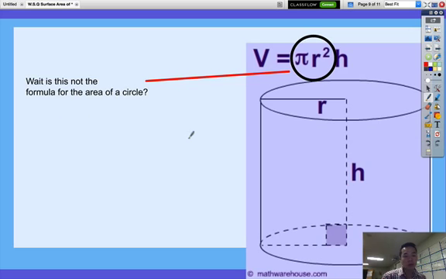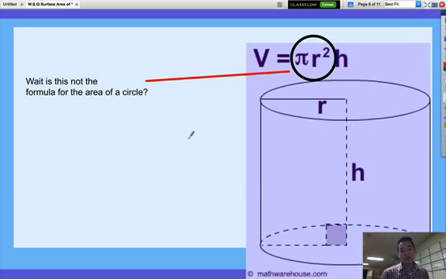So the formula for the volume of a cylinder is the area of the circle, pi r squared, just one circle, times how tall it is. It's pretty simple. I need to find how much space the circle covers up top or bottom one time, and then I multiply by how tall it is, because basically I'm just adding that space of that circle over and over. Okay, so let's jump right in.